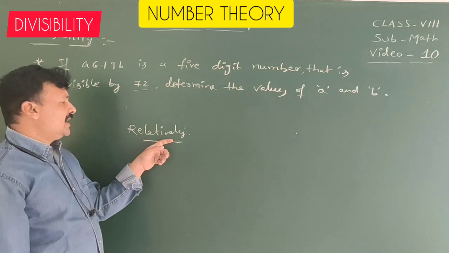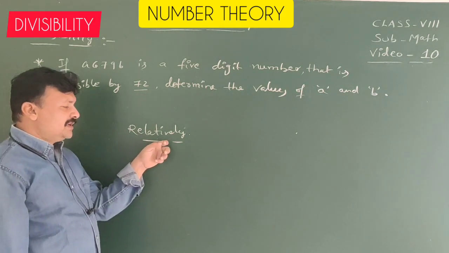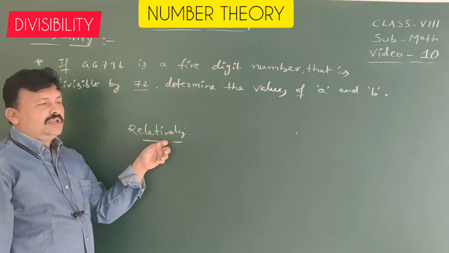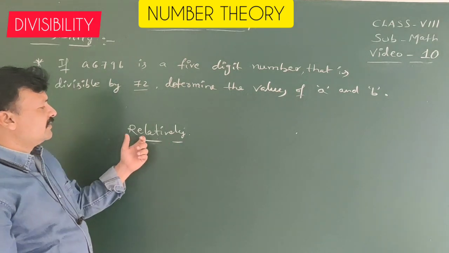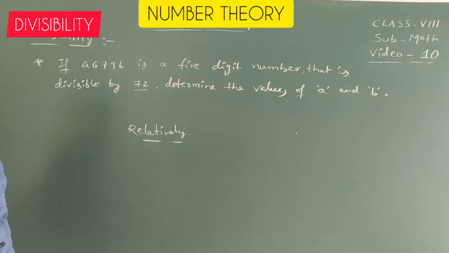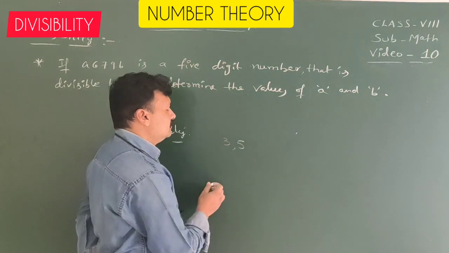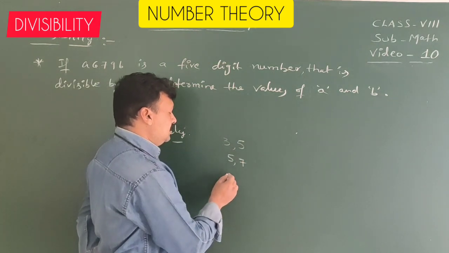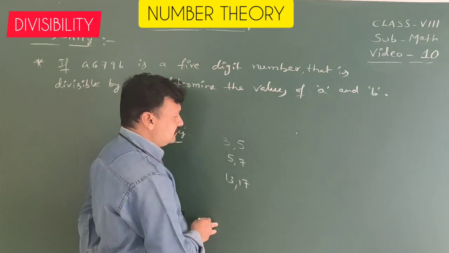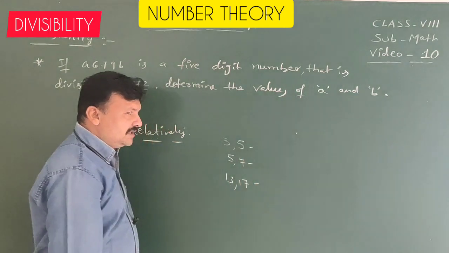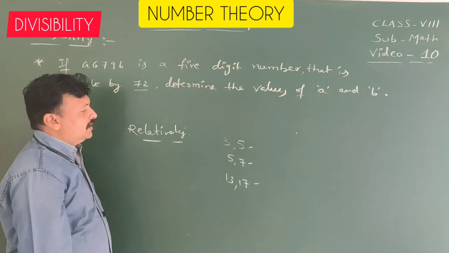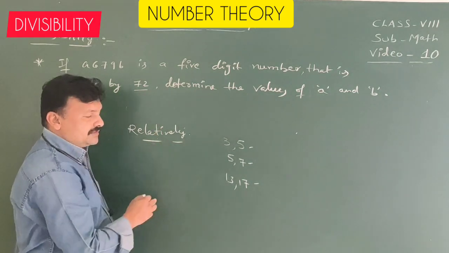Here, the common factors of the given numbers: except one, if there is no other common factor, those are co-primes. Otherwise, if the HCF of two numbers is 1, then we can say that the given numbers are relatively prime or co-primes. Here 3 and 5, 5 and 7, 13 and 17 are relatively primes. One thing you have to remember: relatively primes need not be primes.